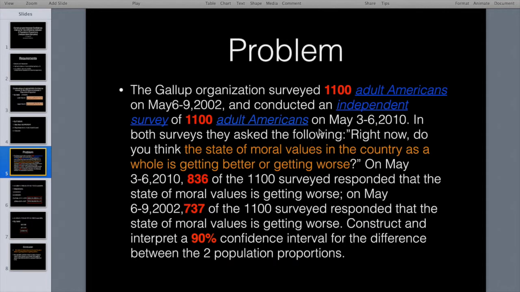The first one is checked because it says that this is an independent survey. The last one, because it's pretty obvious that we have more than 1100 adult Americans. And the second one I'm about to show you. But before, notice that it is really important to state the conclusion, but we are going to come back to that later.